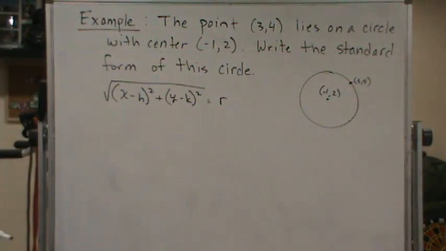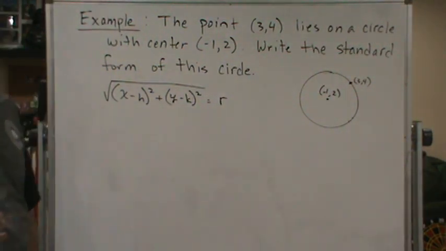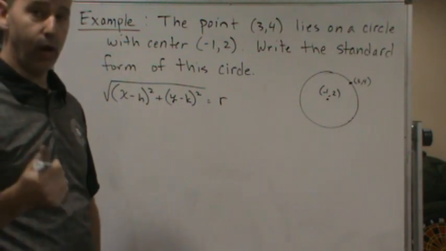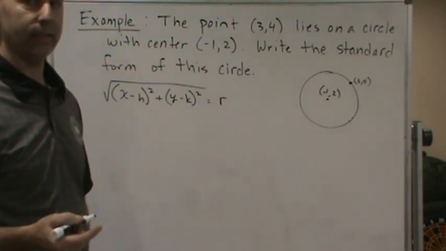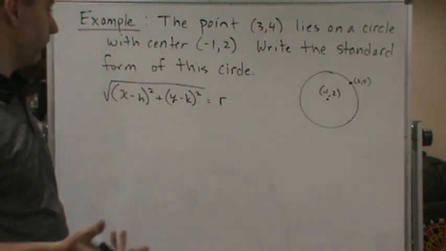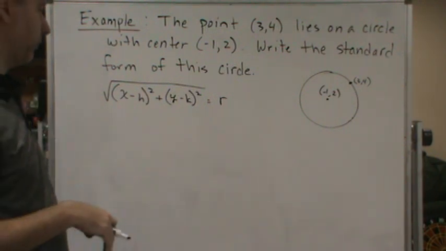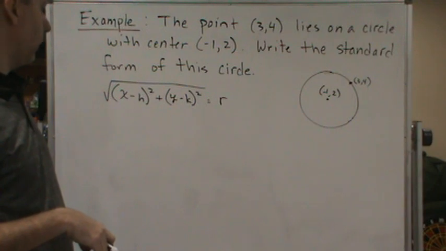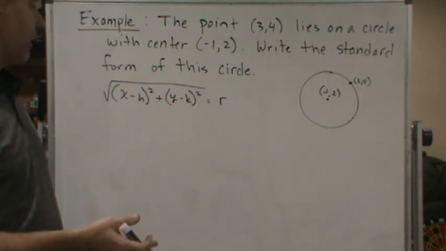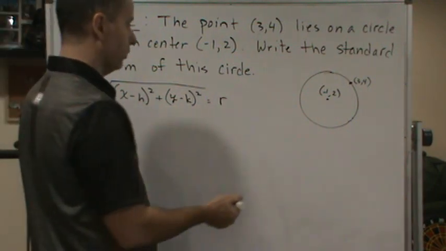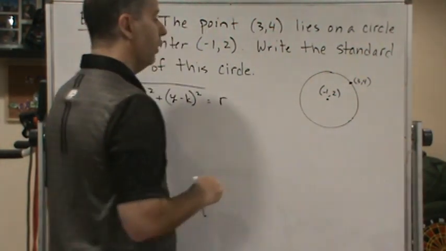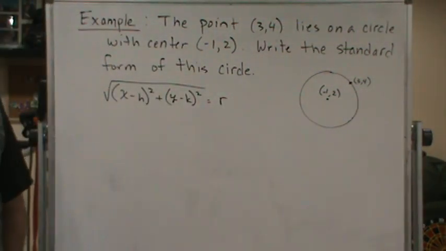So the first thing we need to know to write in standard form is we need 3 things. We need to know r, h, and k. Well, we've got h and we've got k already, right? Those are given to us. So we just need to find r.